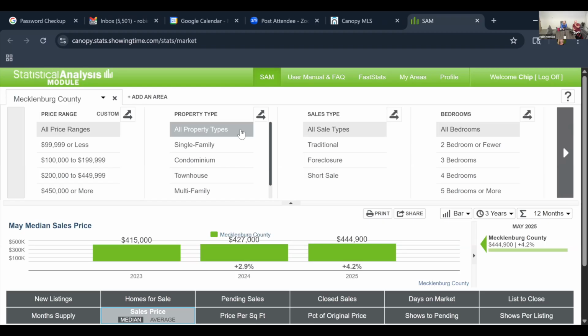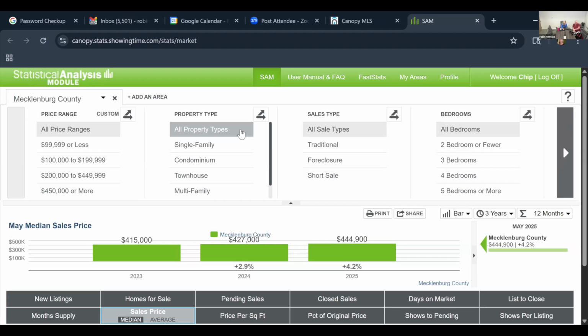I wanted to look at Mecklenburg County and the sales price. So you can see how we have set the stage for this information. Then I set it up for the rolling 12 months over the last 3 years, so that we can see through May of this year versus through May in the prior 2 years.